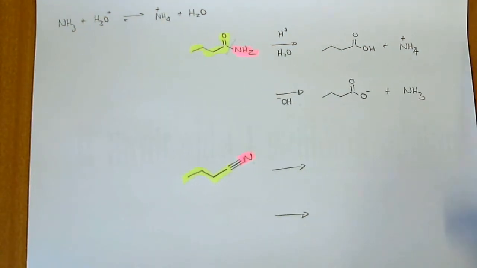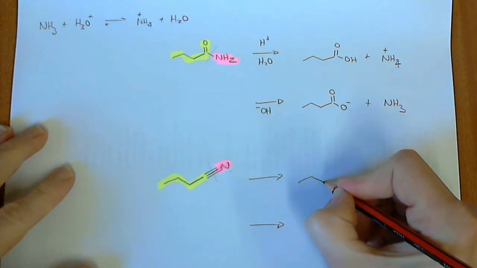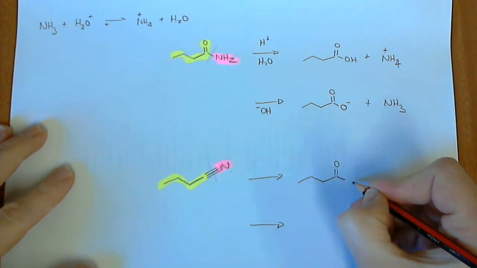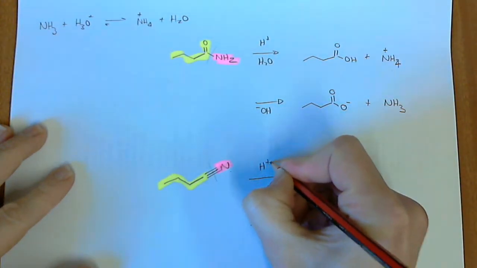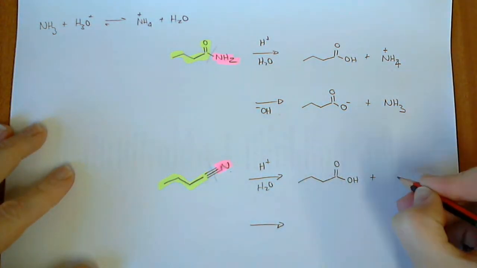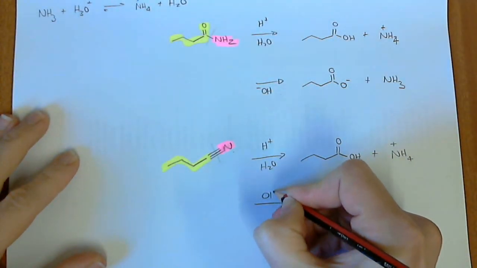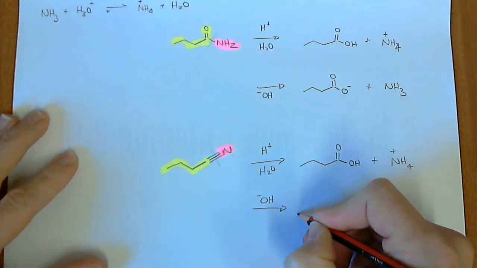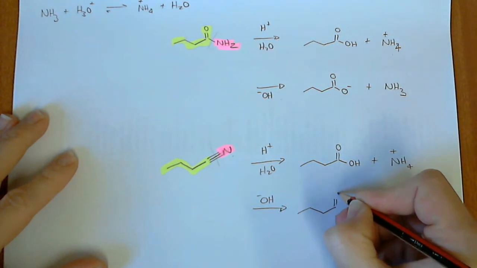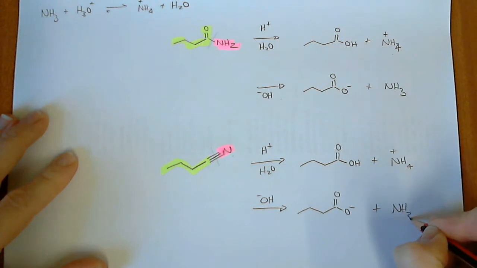We're actually breaking this triple bond over here. And so if we're under acid conditions, with water, we end up with the carboxylic acid plus NH4 plus, and under basic conditions, we end up with the carboxylate, O minus, plus NH3.